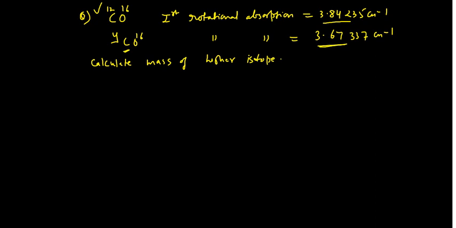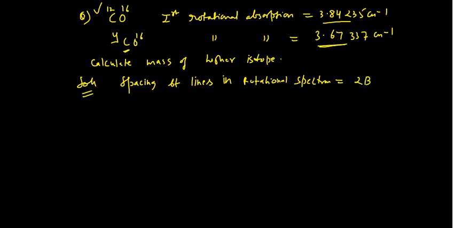So you know the spacing between lines in the rotational spectrum. How much is it? You all know, it is 2b, and this has been given to you.